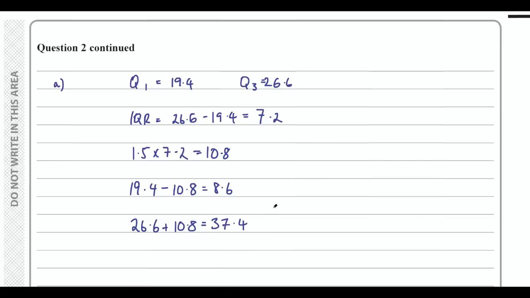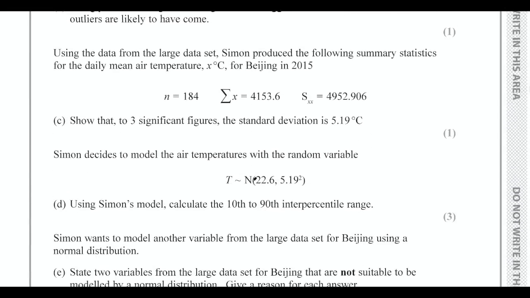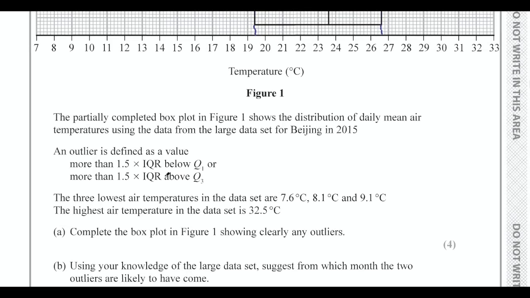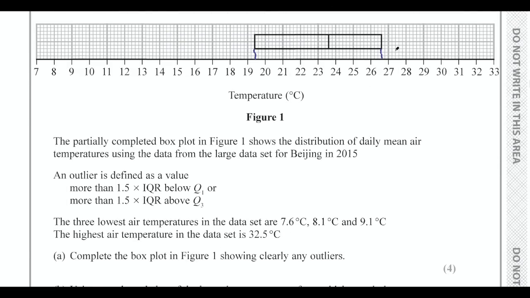Okay, so looking at those values again, my lower boundary is 8.6, and I have 2 temperatures below that. So 7.6 and 8.1 are going to be outliers. My upper boundary was 37.4, so that's not going to be an outlier.